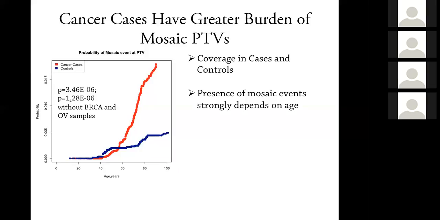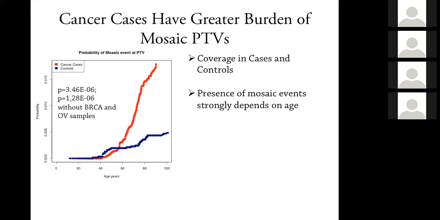What you see on the plot is the probability of finding a mosaic protein truncating variant in cancer cases versus controls. What you can see is that after the age of roughly 60, the probability of finding a mosaic protein truncating variant in a cancer sample is much, much higher than in controls.